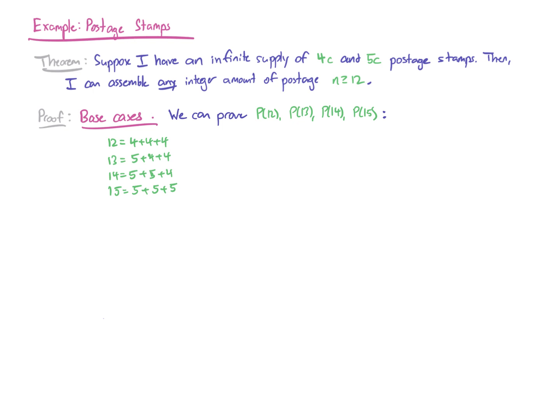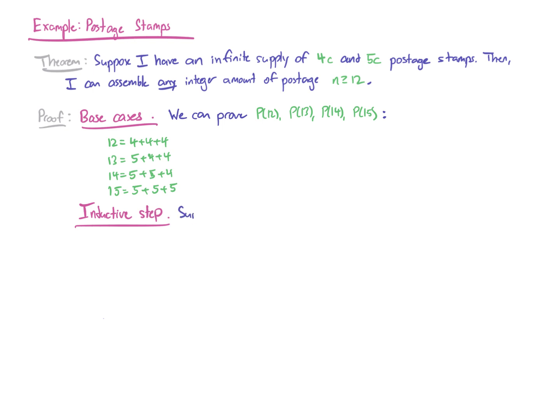So now writing the inductive step is just a little bit more challenging, but because we've done a lot of work in the base case already, we've done 4 base cases, the inductive step is actually also not too complicated. So let's go.